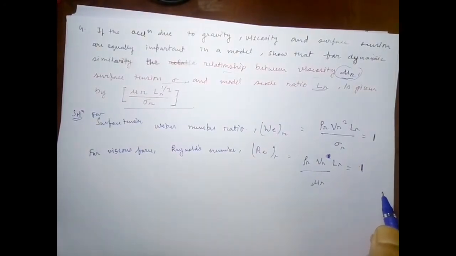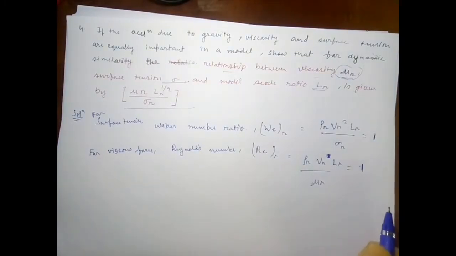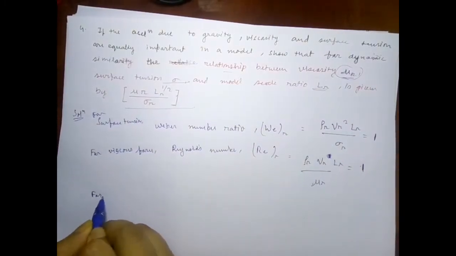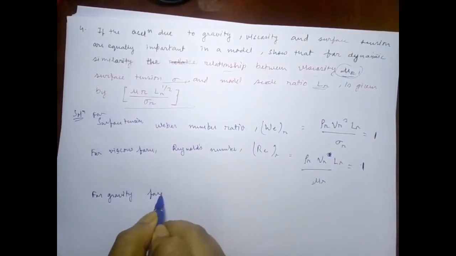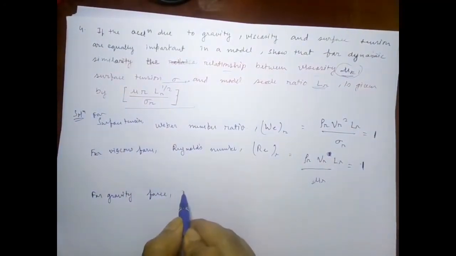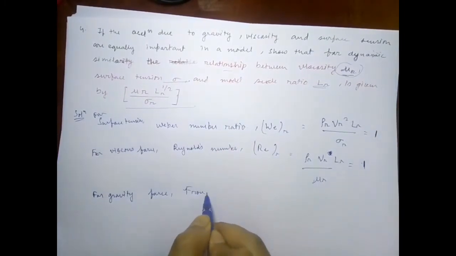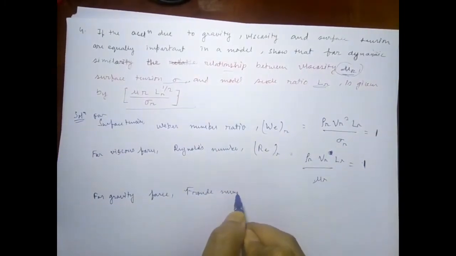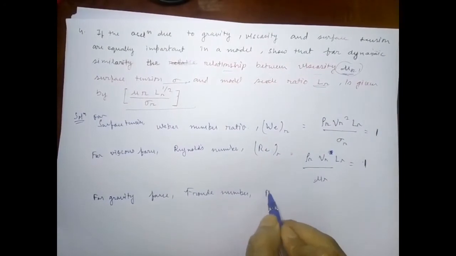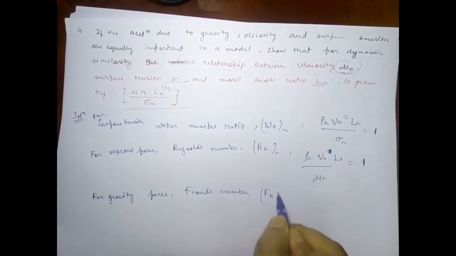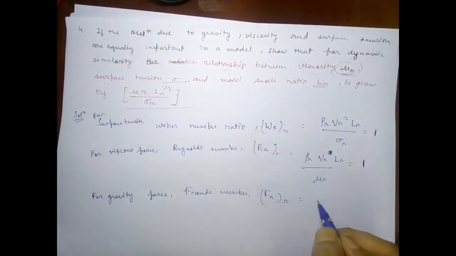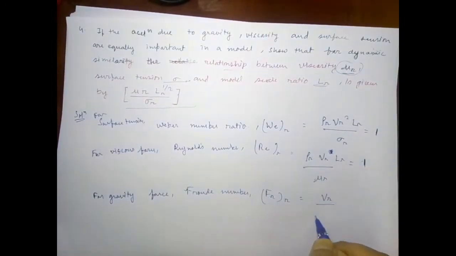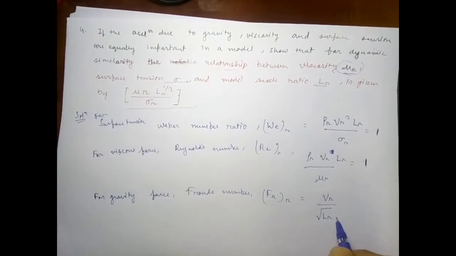And also for gravity force, we have the Froude number, that is Fr, bracketed by another r, which is equal to Vr upon square root of Lr, and it's equal to 1.